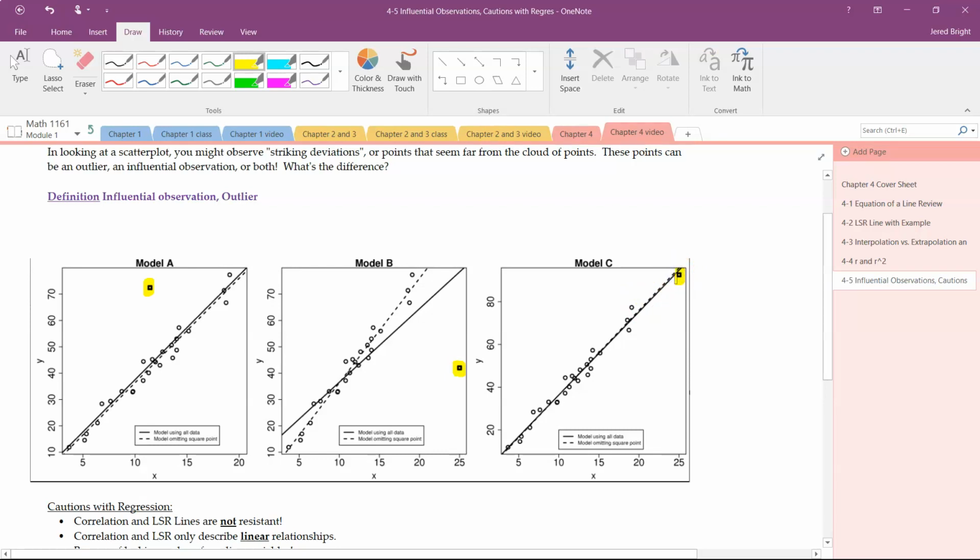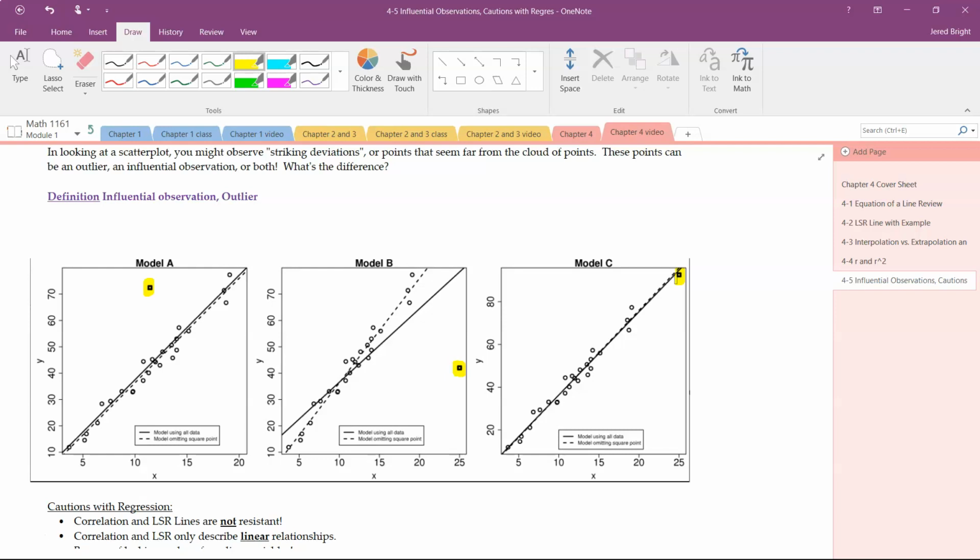We would classify the square as an outlier in all 3 cases because it is far from the main cloud of points. But the question is, is it an influential observation or not? If we remove it or add it, does it significantly change the model or the correlation that we calculate as a result?